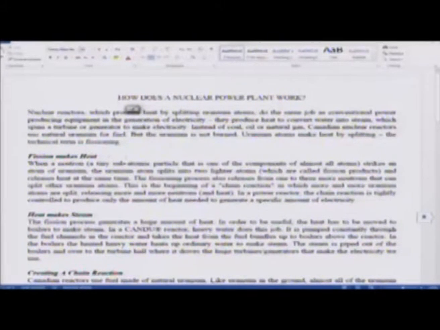So, what is the purpose of this introductory paragraph? It introduces nuclear reactors and it very briefly tells what a nuclear reactor does. So, it produces heat by splitting uranium atoms. The functioning of nuclear reactors is compared with that of conventional power producing equipment using water or coal, oil and so on.